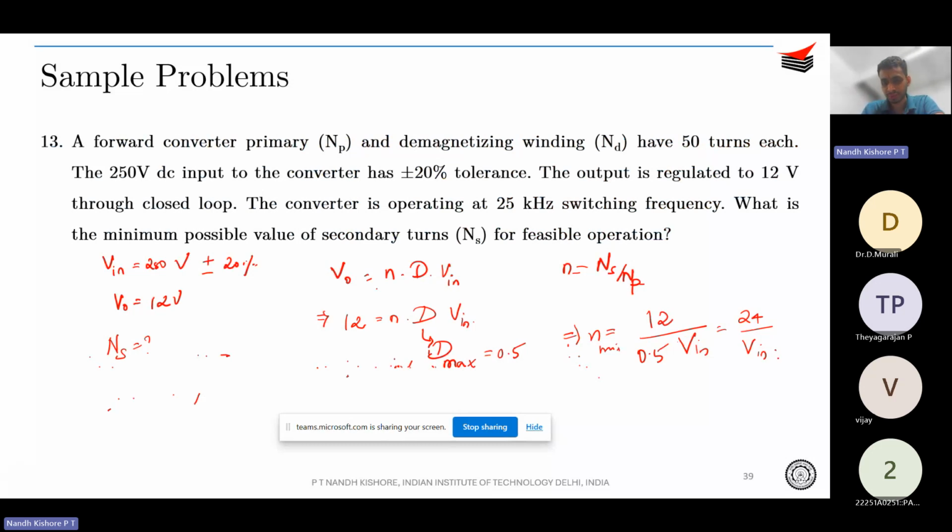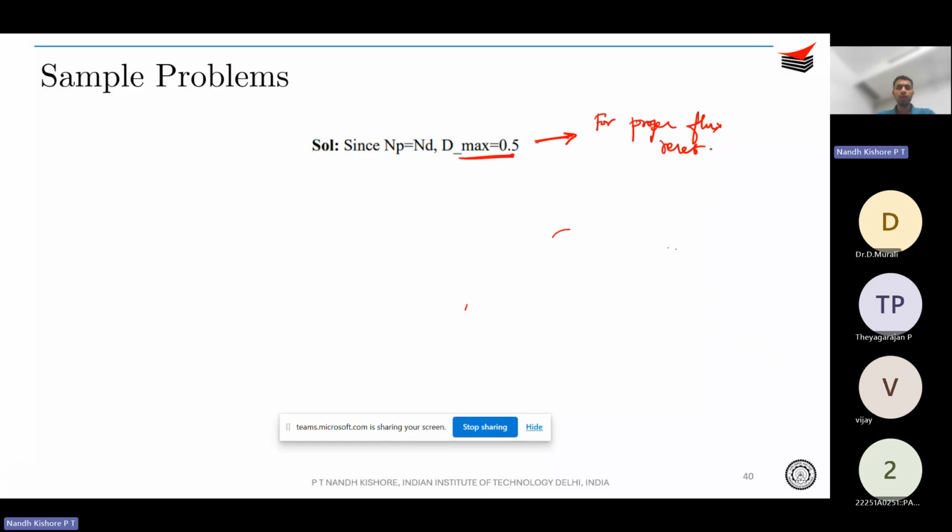So then what should be V in? So you need to substitute that particular value of V in, which will make this possible. Okay, so you can either try out for both extremities and see where you are getting the N minimum, or you obviously know that V in should be maximum.